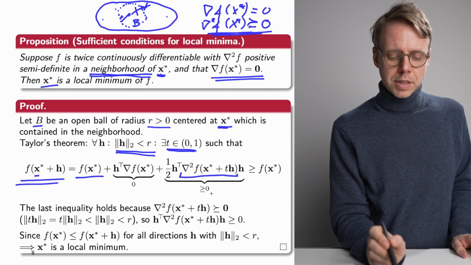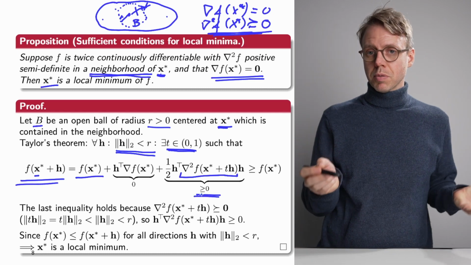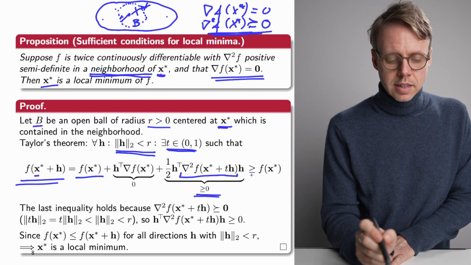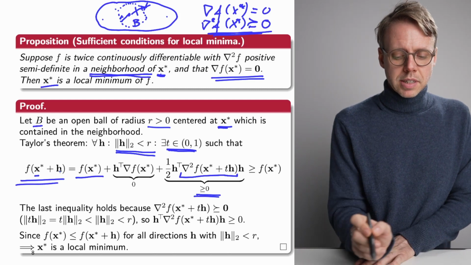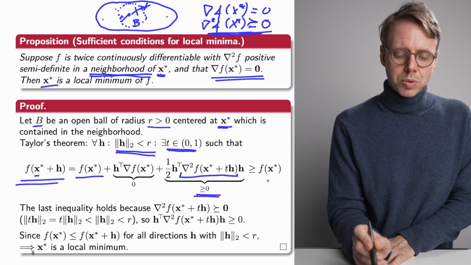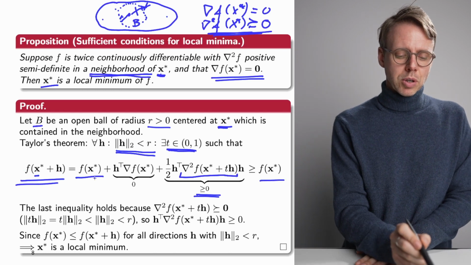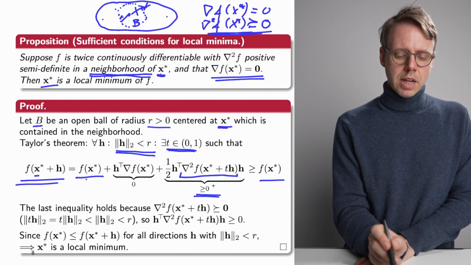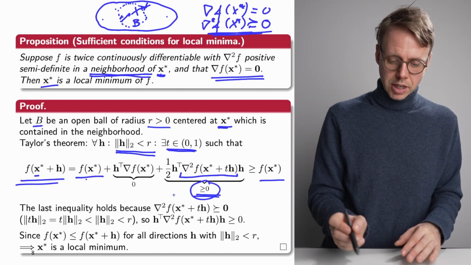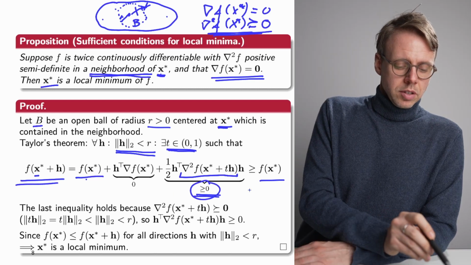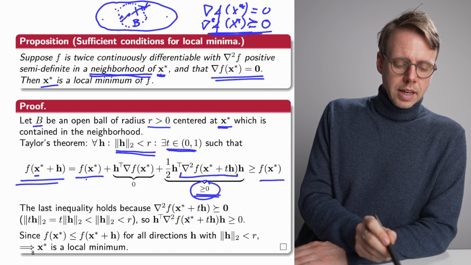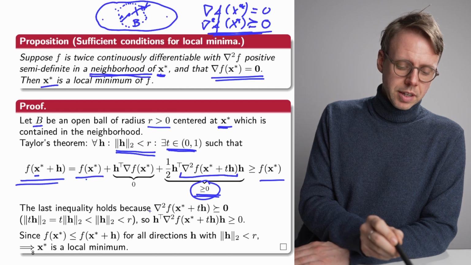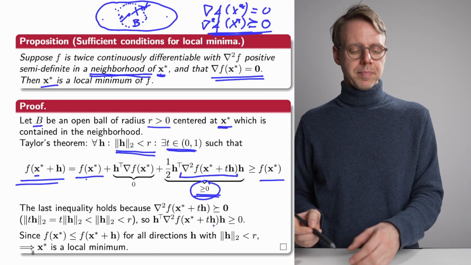So this squared form here is larger or equal to 0 because of this positive semi-definiteness, which means that the function value at x star plus h is larger or equal to the function value at x star, because we started out with f of x star plus 0 plus a term that is larger or equal to 0. So we cannot get smaller, we can only get larger. And this holds because we know that the point x star plus th will lie in the neighborhood where the Hessian is positive semi-definite.